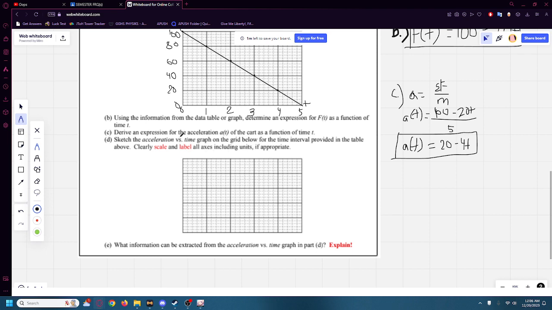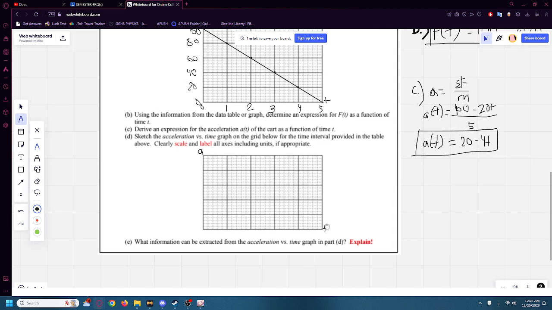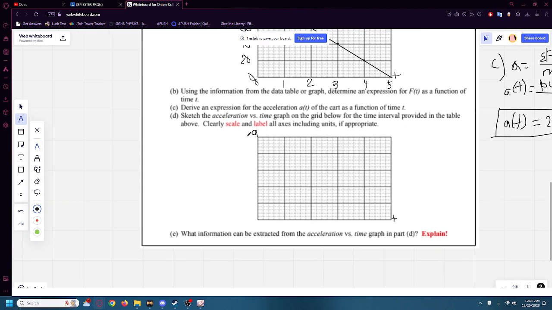D has to draw an a versus t graph. So this is a, this is t, 20, 16, 12, 8, 4, 0, and 0, 1, 2, 3, 4, 5.